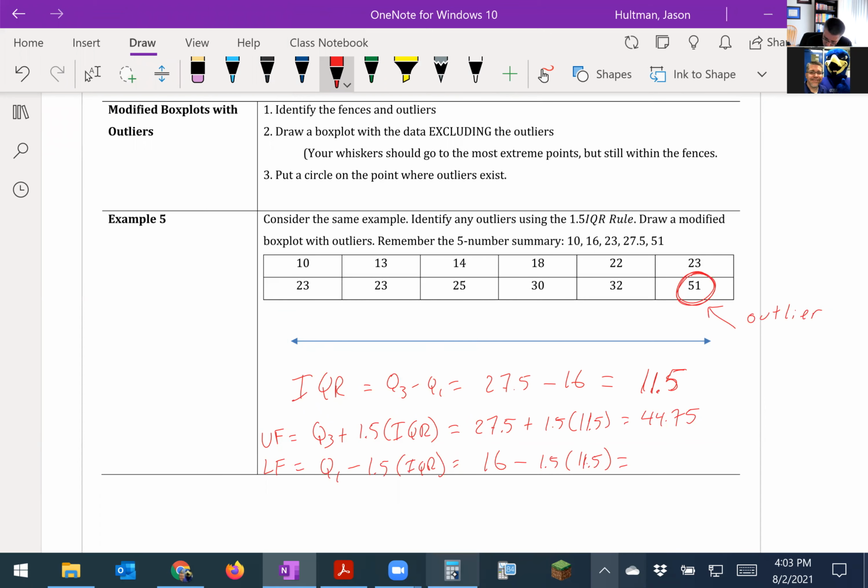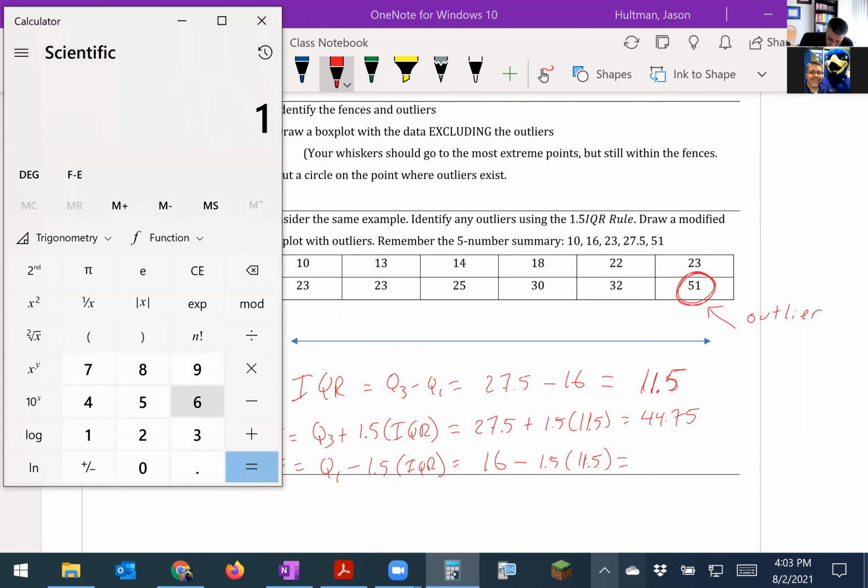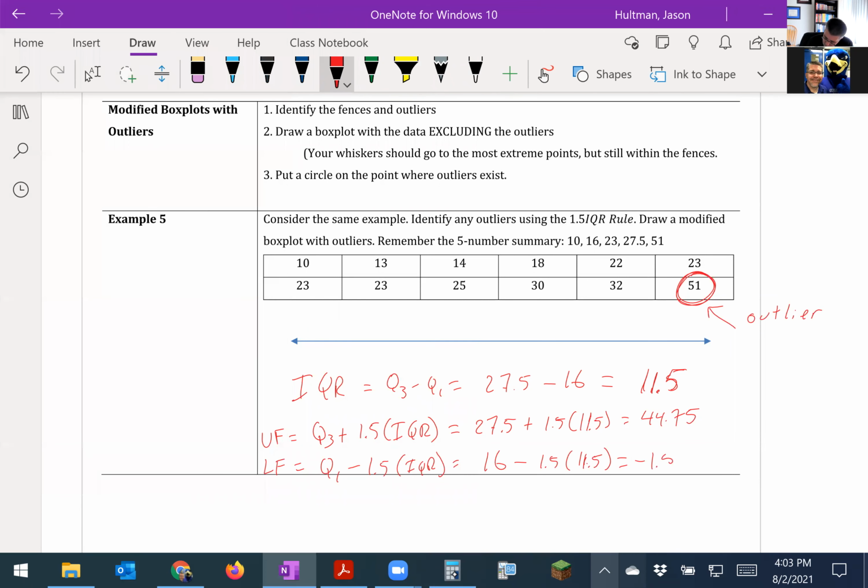When I calculate 16 minus 1.5 times 11.5, that's negative 1.25. Since I don't have any negative values here, I don't have any lower outliers.